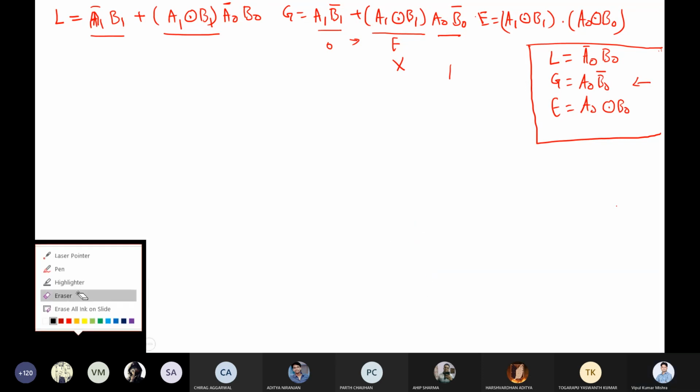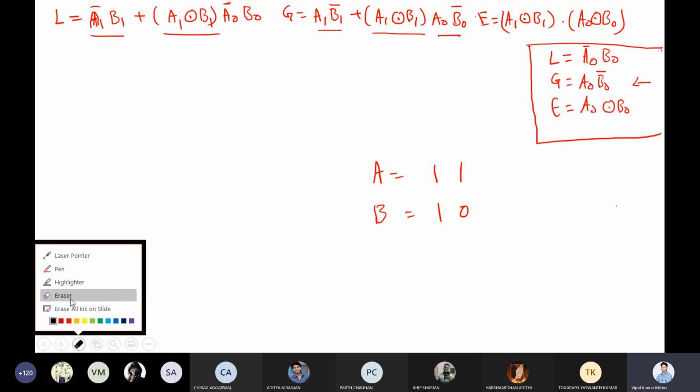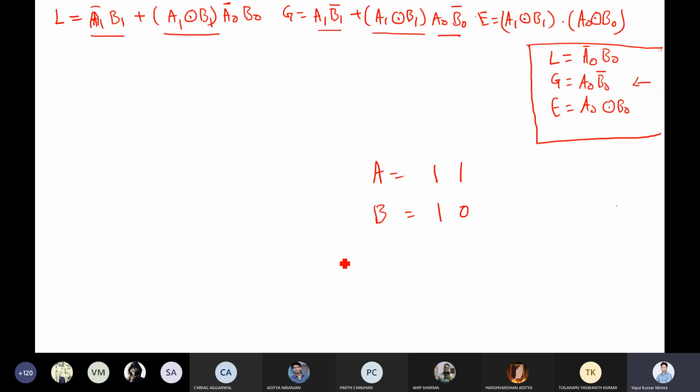Suppose A equal to 1 1 and B equal to 1 0. Now what will happen? You will check all three equations to get the final output. Let us start with the equality equation.